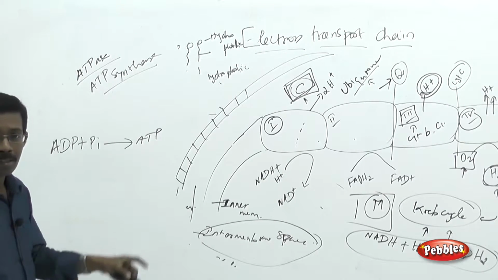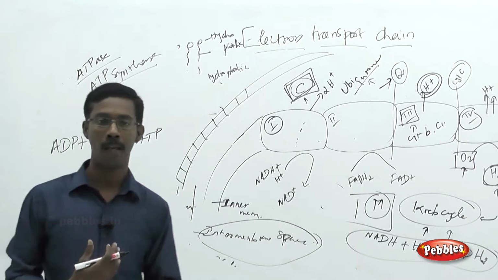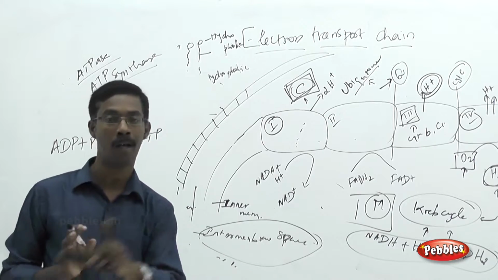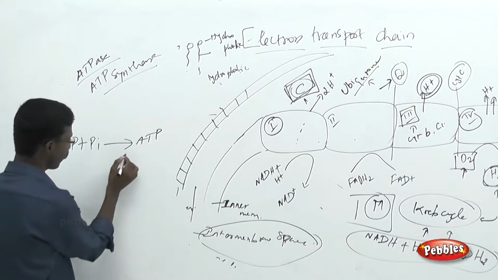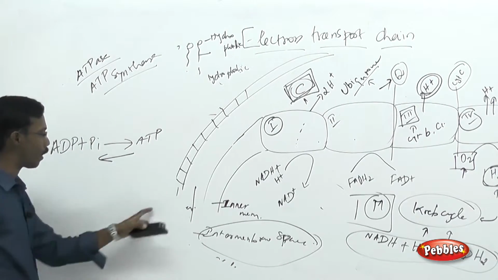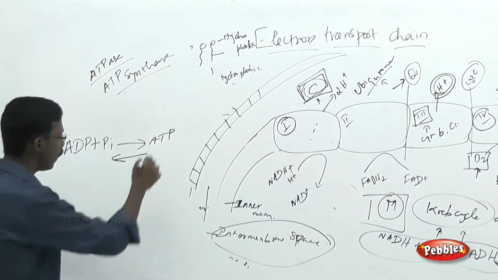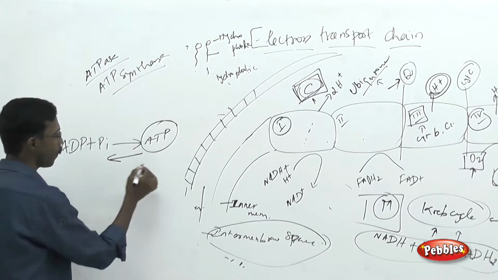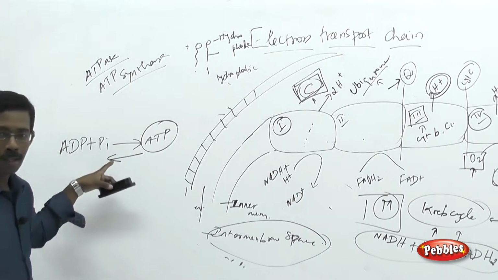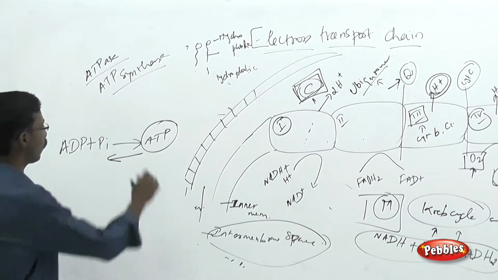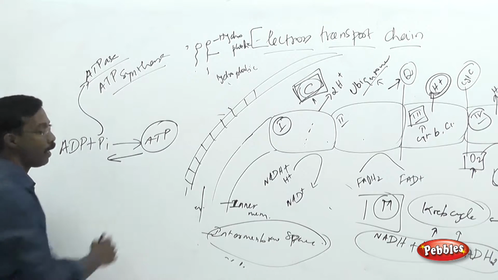At the same time, based on a need and based on the availability of electron donors, they can perform in a reverse direction. That means from the ATP they can create ADP and inorganic phosphate. That means they are going to break down the ATP molecule into ADP and inorganic phosphate. At that time we can call this enzyme ATPase.